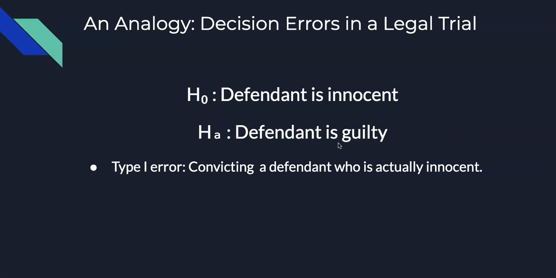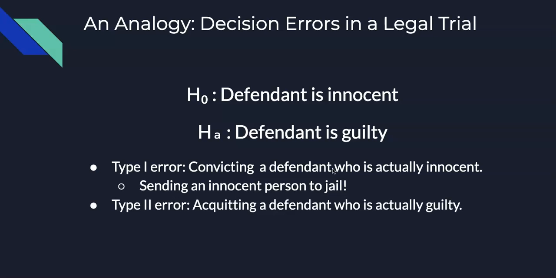I didn't do anything wrong, but then I got convicted. That's an error, right? So when null is true, when the defendant is actually innocent, we shouldn't be convicting that person, right? So an error happens when we convict that innocent person. So what's the result going to be? Well, the result is really sending an innocent person to jail. Oh, that's horrible, right?